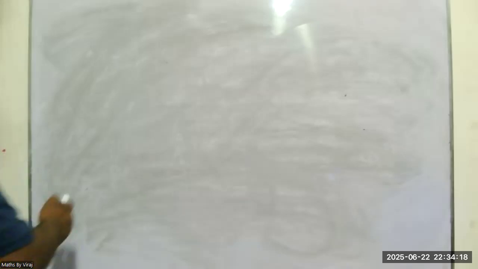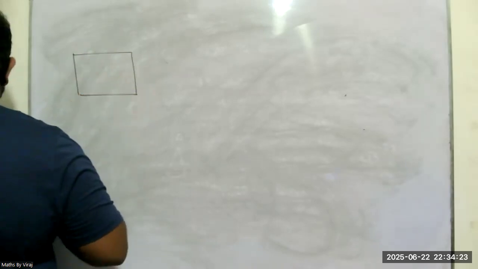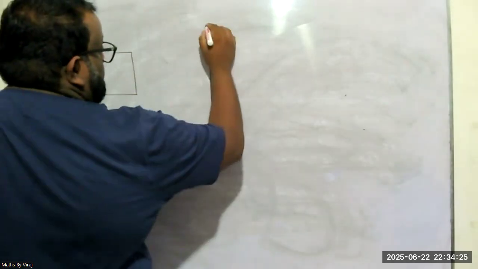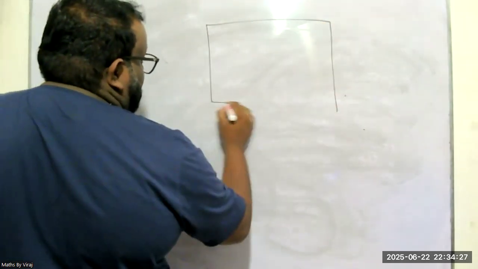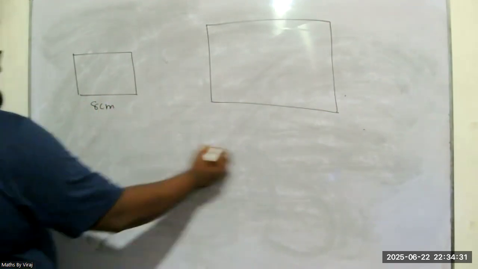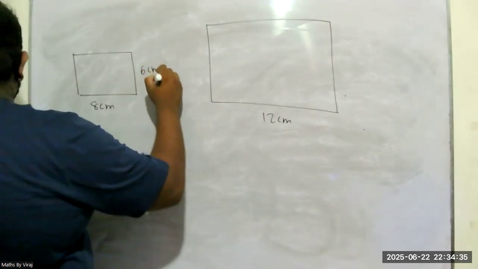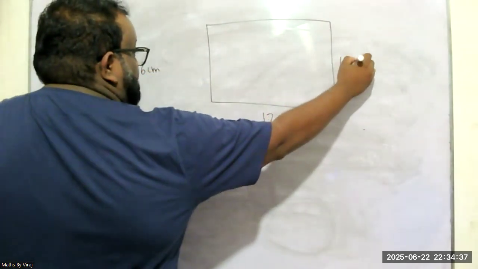And you see that we have two rectangles. This is 8 centimeters, this is 12 centimeters, this is 6 centimeters, this is 10 centimeters.